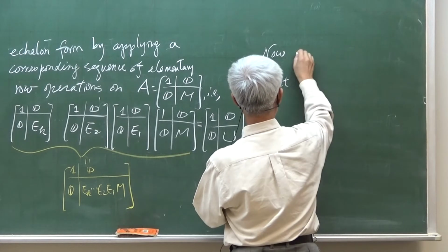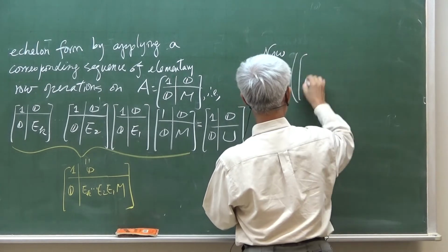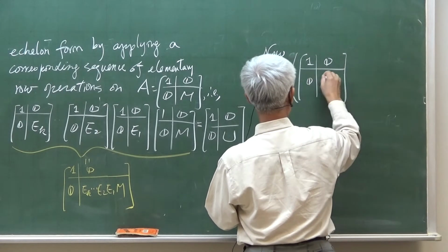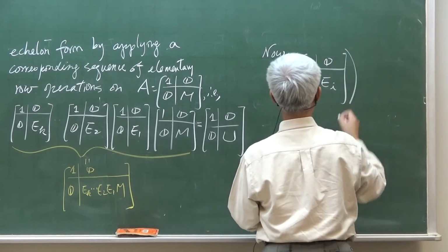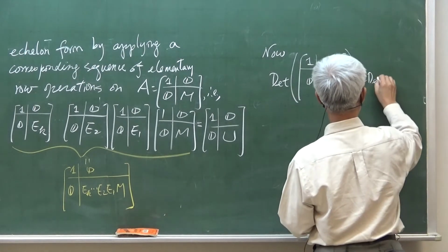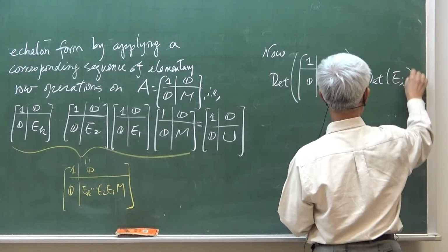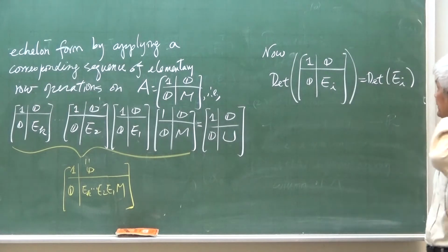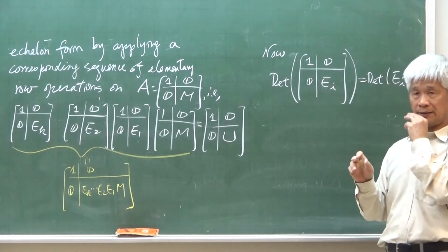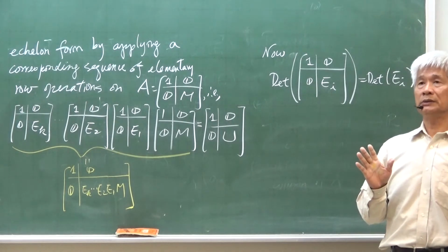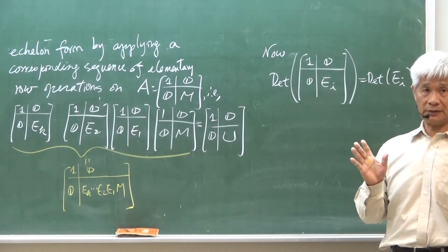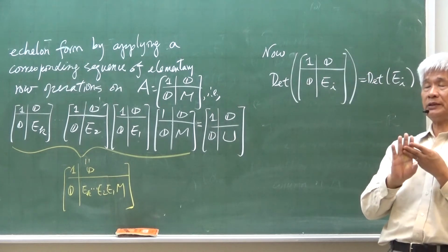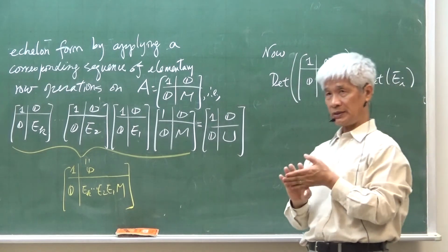Okay. All right, and then now the determinant of this is equal to the determinant of Ei. Let's go through the cases. If the Ei corresponds to replacement, then we have three types of elementary row operations. One is replacement.